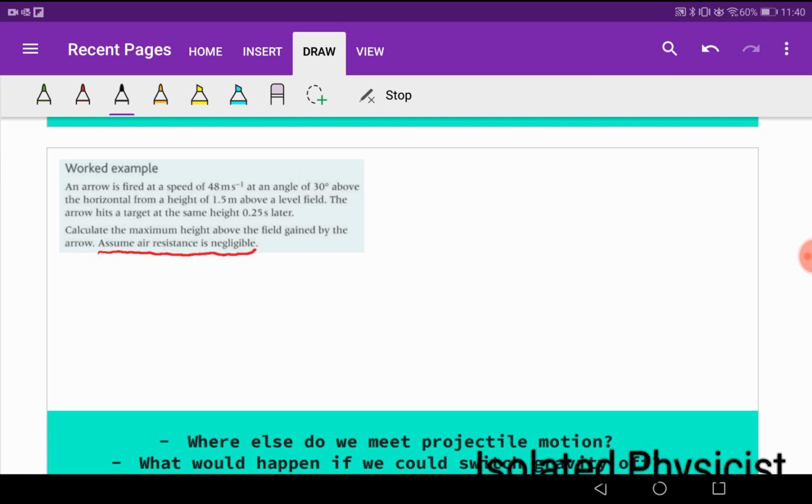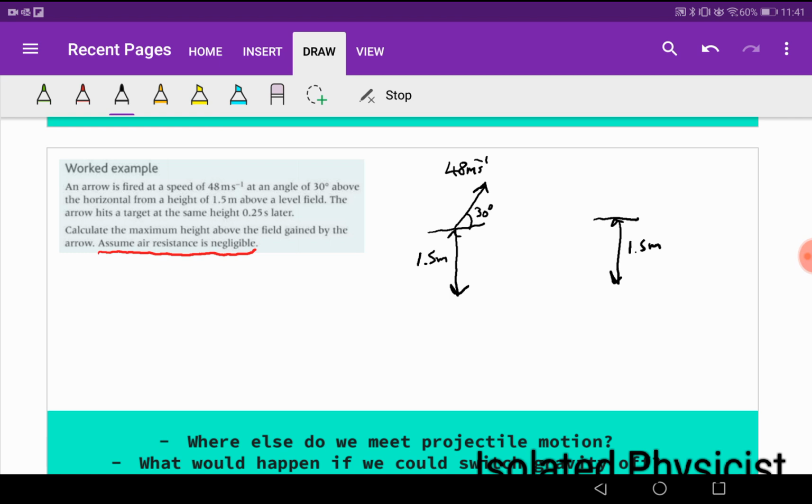So let's just draw a little diagram. We've got a platform which is 1.5 meters above a level field, and it hits a target of the same height later, and it gets sent at an angle of 30 degrees, and it's fired at 48 meters per second, and it's asking what the maximum height is.